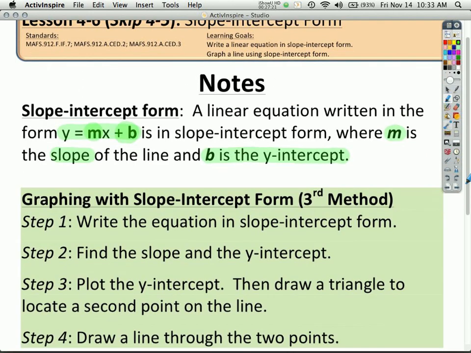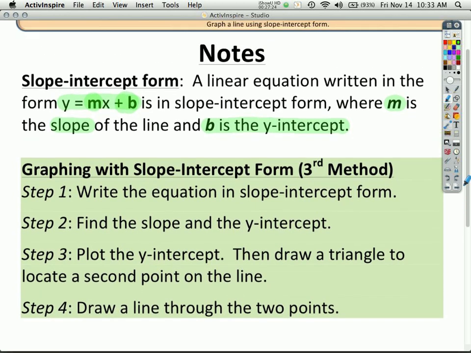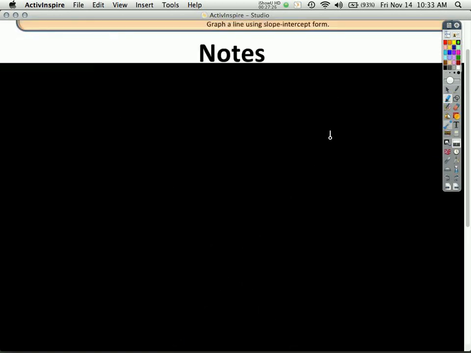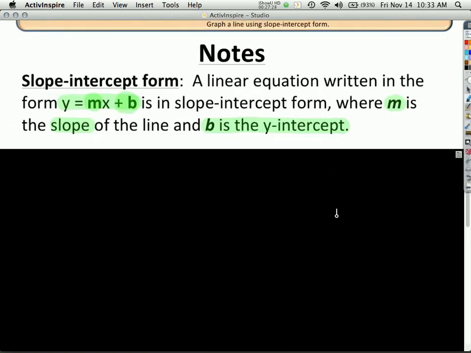So, before we talk about graphing, let me come over here, and now you know this, this, and this. You should have them all memorized. Sometimes things just happen naturally. For example, if I asked you to stand up and give me the Pledge of Allegiance, most of you would be able to just stand up and do it, because you've been doing it for 10 years.